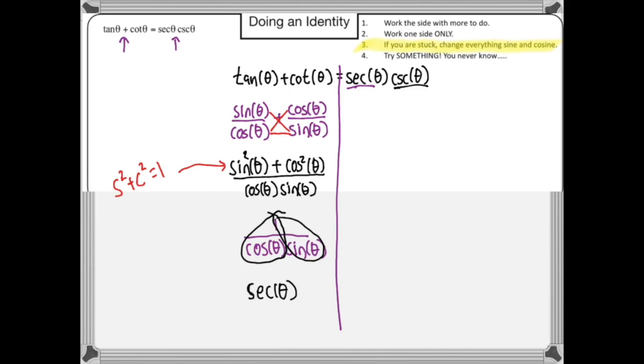So I know that that is going to be cosecant here. So we can see, and I wrote that kind of crappy, but anyhow, we can see that just by changing everything to sine and cosine, the way that addition plays out with common denominators sometimes lends itself to new forms, and it helps expedite the strategy here.